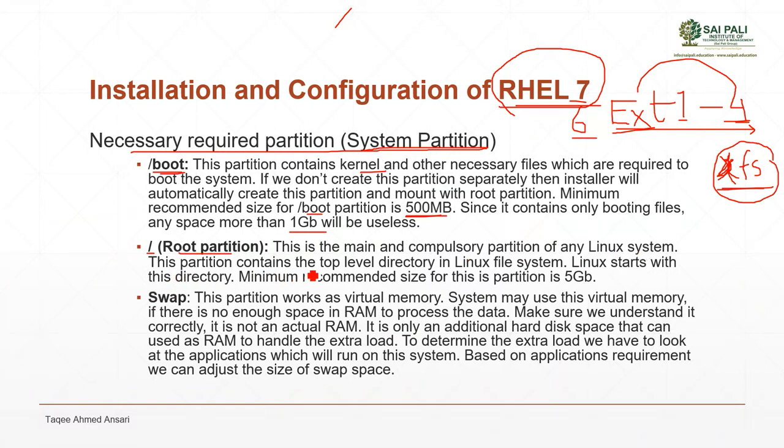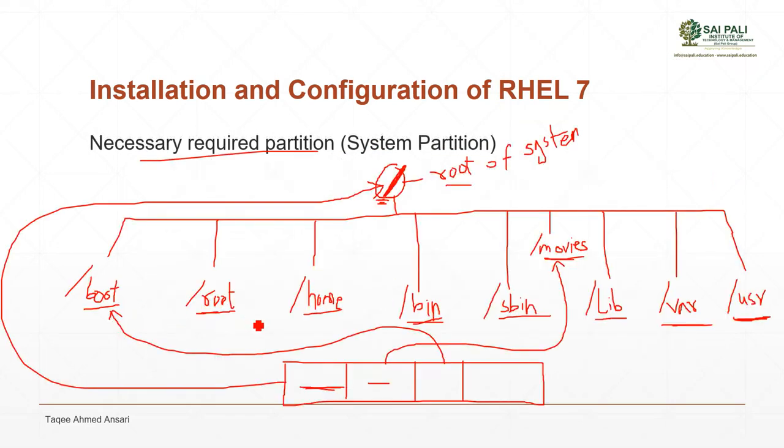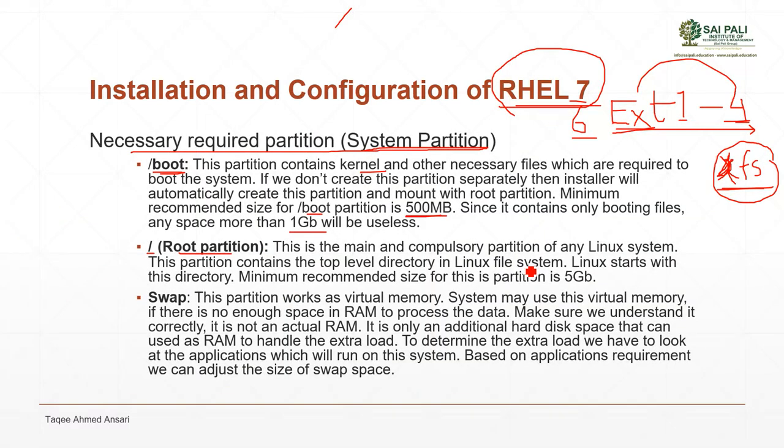This partition contains the top level directories in the Linux file system. If you create any directory, you can create it either inside these directories or at the top level. Linux starts with this directory, and the minimum recommended size for this partition is 5 GB.